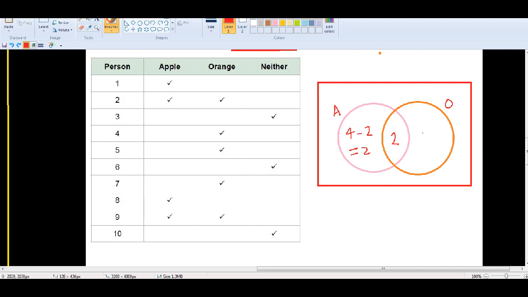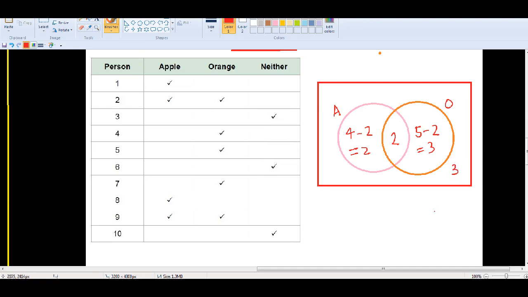So from 5 people who like orange, you take away 2 to give you 3. That means there are 3 people who like orange but not apple, but still totally there are 5 people who like orange. How about the number outside both circles? There should be 3, neither. There are 3 of them.